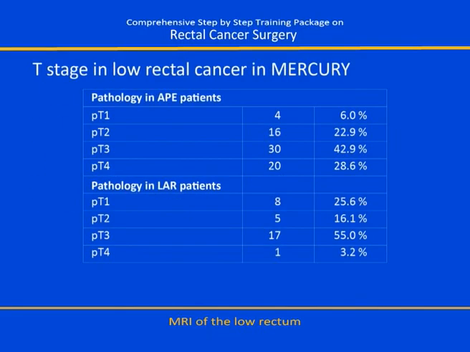Now, the state at the moment, as was seen in the Mercury study and indeed in other studies, is that when we look at the APE rates and compare them with the low anterior resection patients, what we see, as you can see here, is a difference in the staging of these patients.